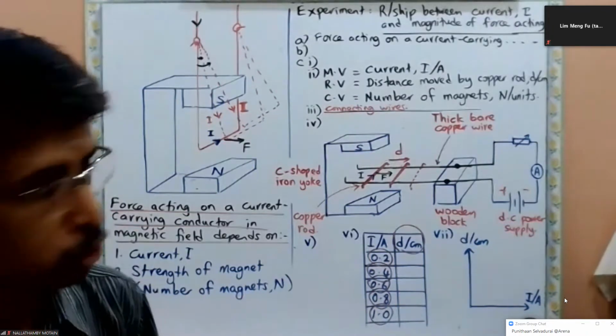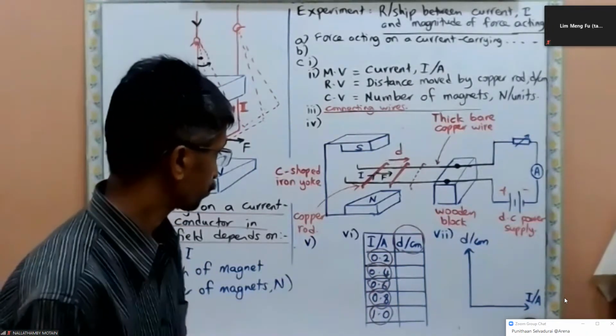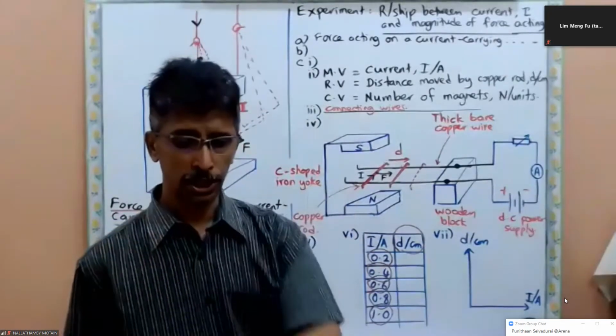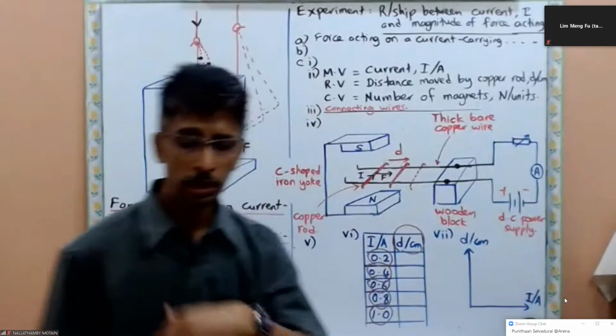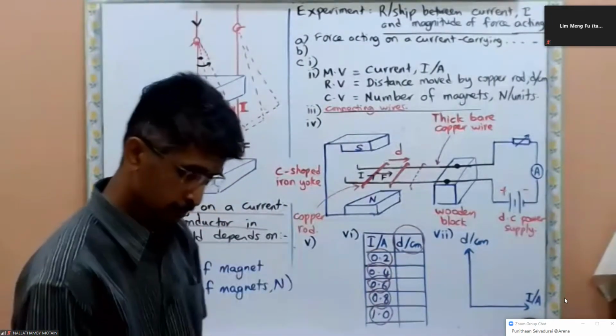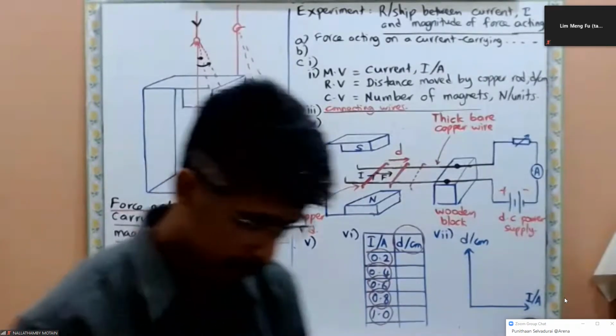Okay, current flow becomes 0.2 ampere. Next step, switch off the circuit.